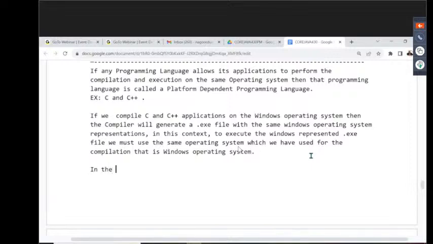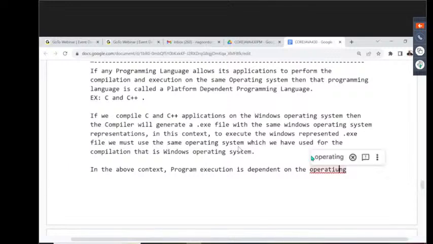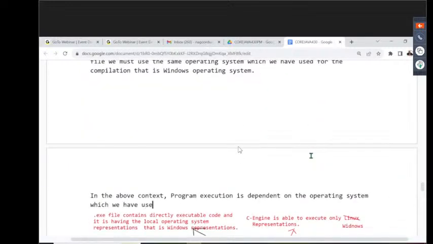In the above context, program execution is dependent on the operating system which we have used for the compilation.